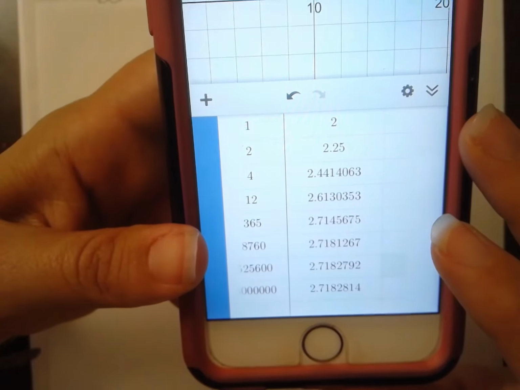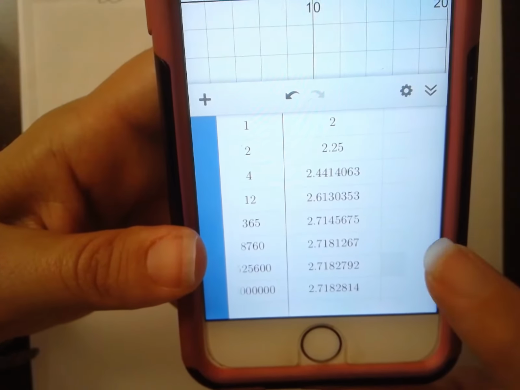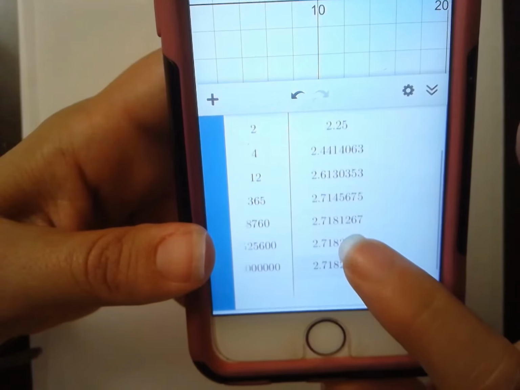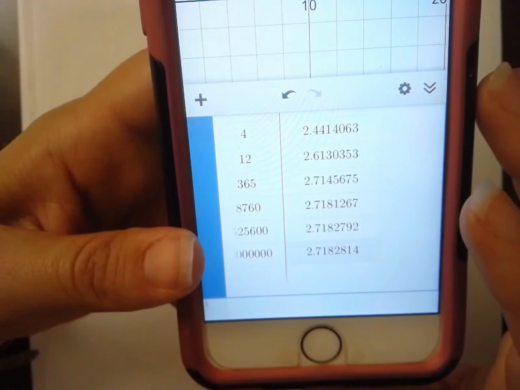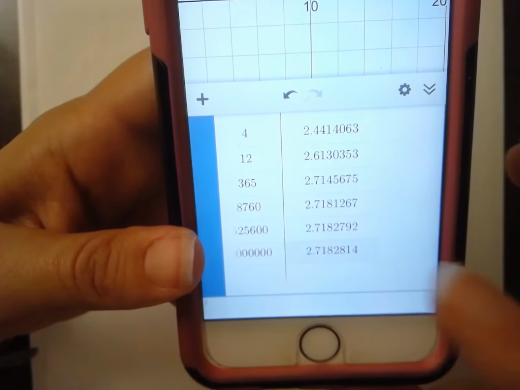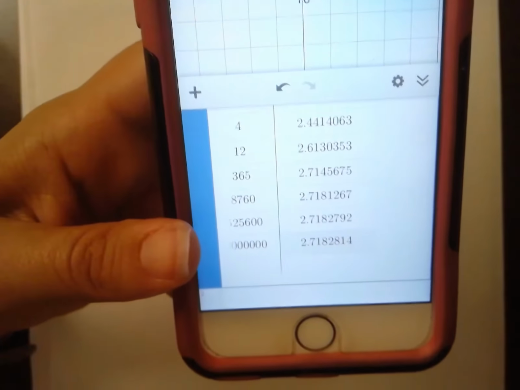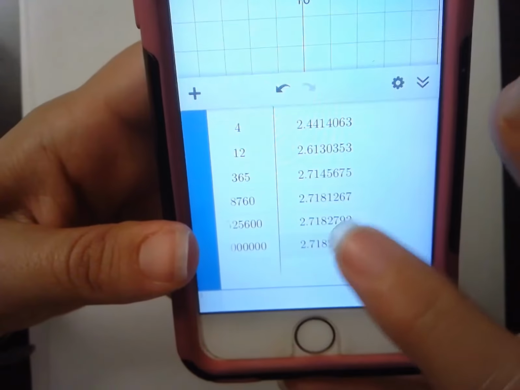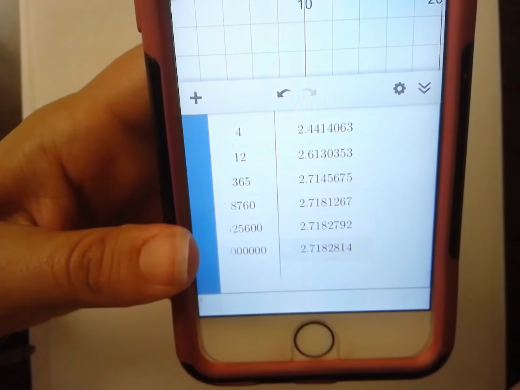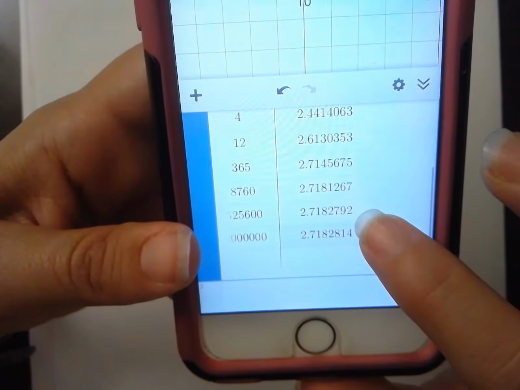Now, not giant jumps, right? I'm only really making 20 more cents, and that's kind of an exaggeration there. So then I'm going to have it compounded every single day, 365. And now I'm up to 2.7145. If I jump up, so daily is 365, and I thought, let's go crazy, let's do hourly, and hourly is 8,760 times per year, and that gives us 2.718.